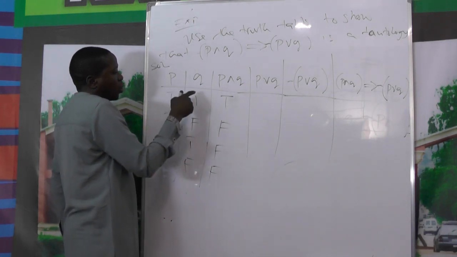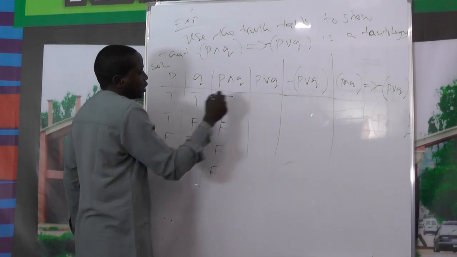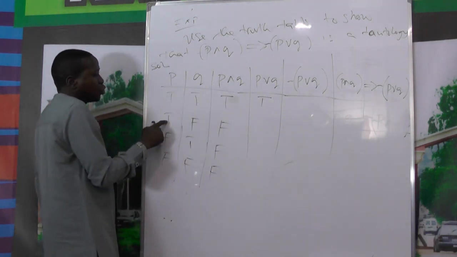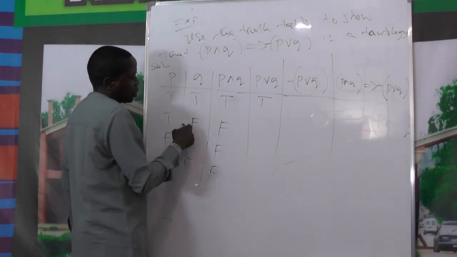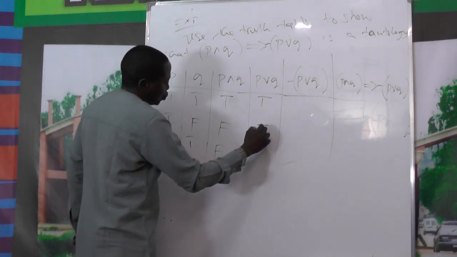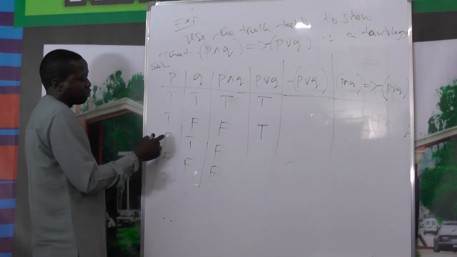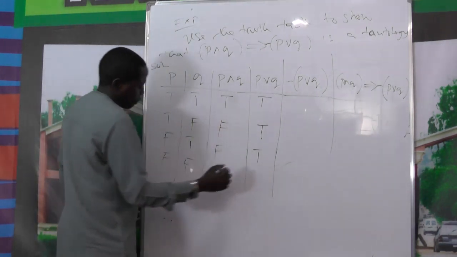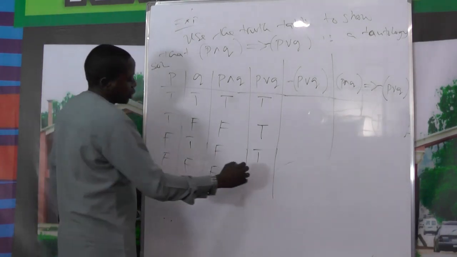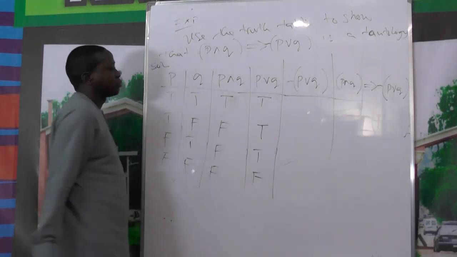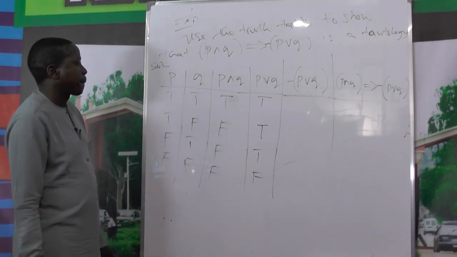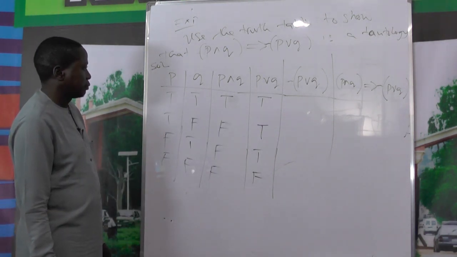This one, or. T or T, I have T. At least one must be true. True or false, I have true. False or true, I have true. False or false, I have false. Now let's check the negation of this.